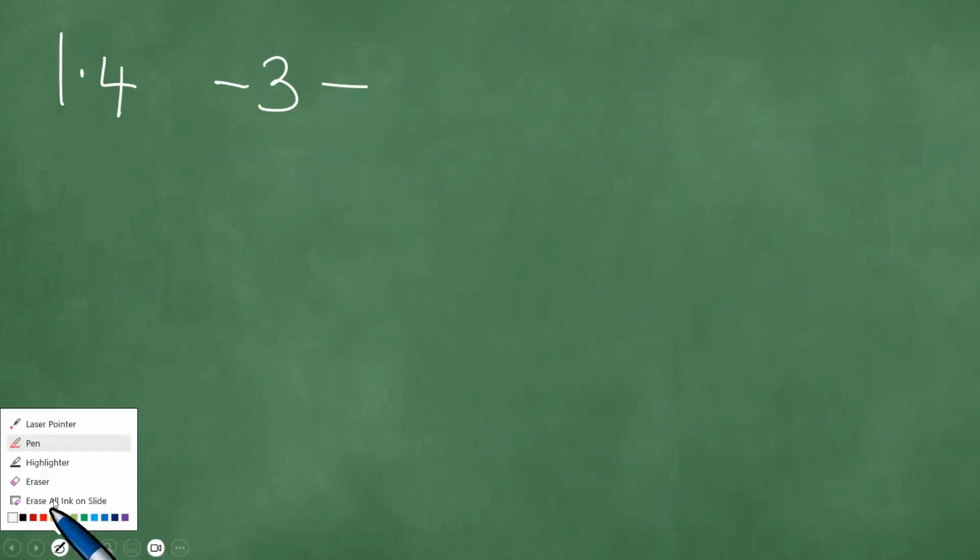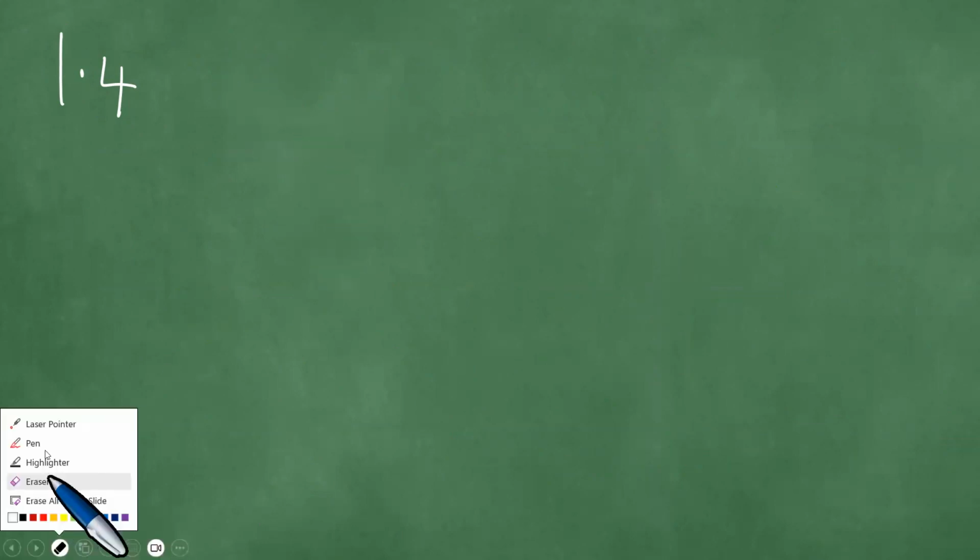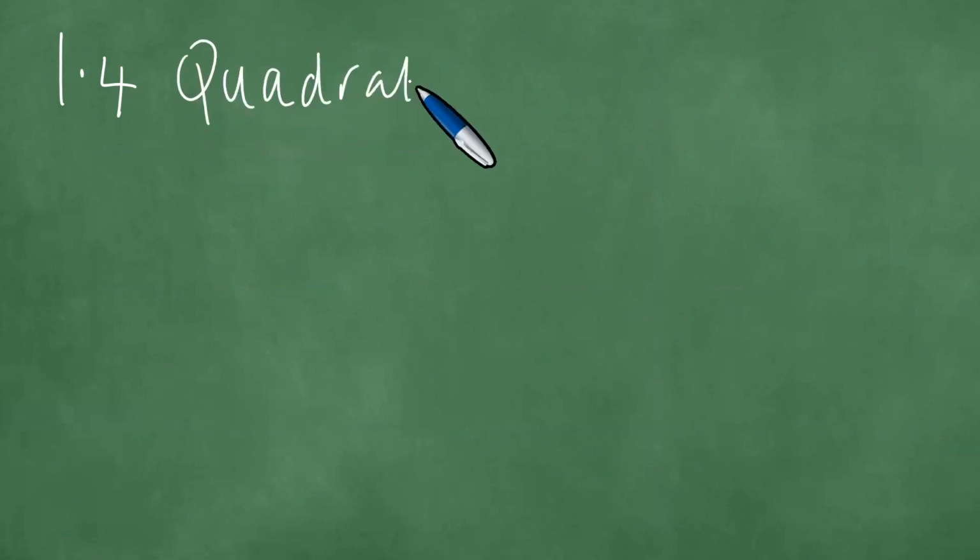Okay, so 1.4 is saying there are terms that were added to the first term. So maybe let me just write down something that is very necessary here. The quadratic number pattern.